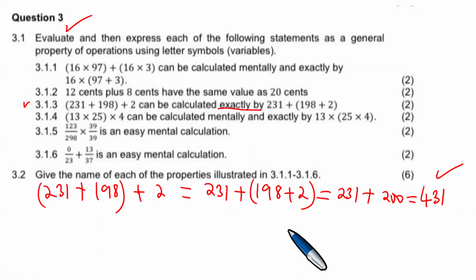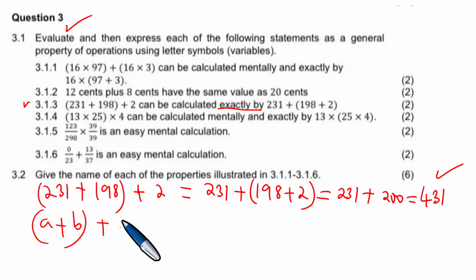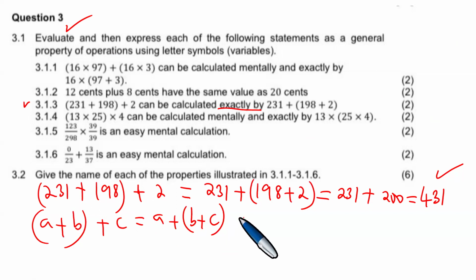Then what we say right now is the following. We need to say the property. What is the property in terms of general terms? So you can say A plus B plus C is A plus B plus C. What property is this?